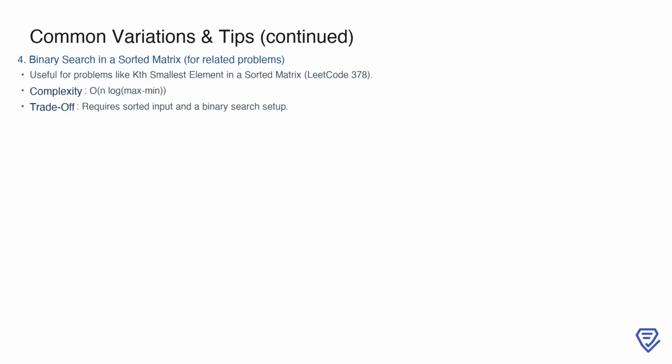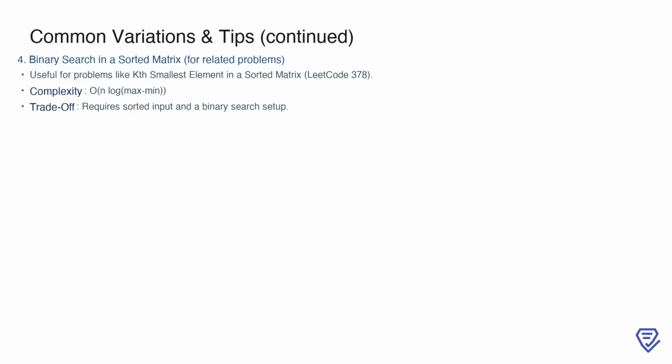For related problems, there's also the binary search approach, which is particularly useful for problems like finding the kth smallest element in a sorted matrix. In this method, you use binary search over the range of possible values rather than the actual elements. The key idea is to count how many elements in the matrix are less than or equal to a given value and adjust the search range based on this count.